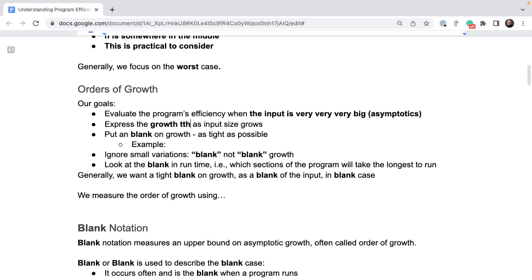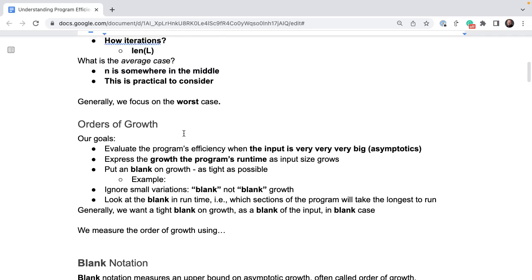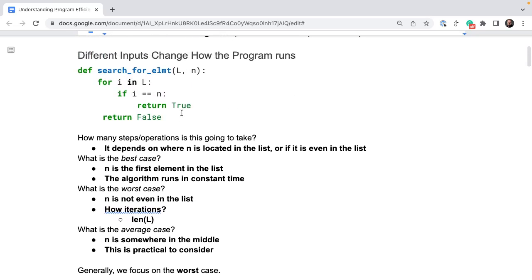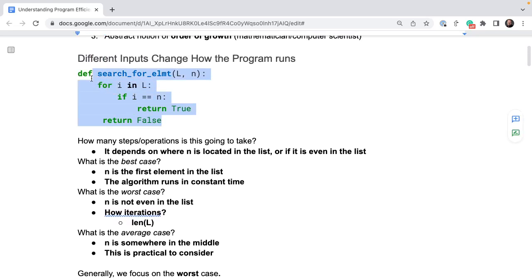So the next thing we're going to do is express the growth of the program's runtime as the input grows. So there needs to be some sort of relationship. So if we consider this right up here, let's consider the worst case. Let's say to check one element took 1 second, and we have a list of length 10.